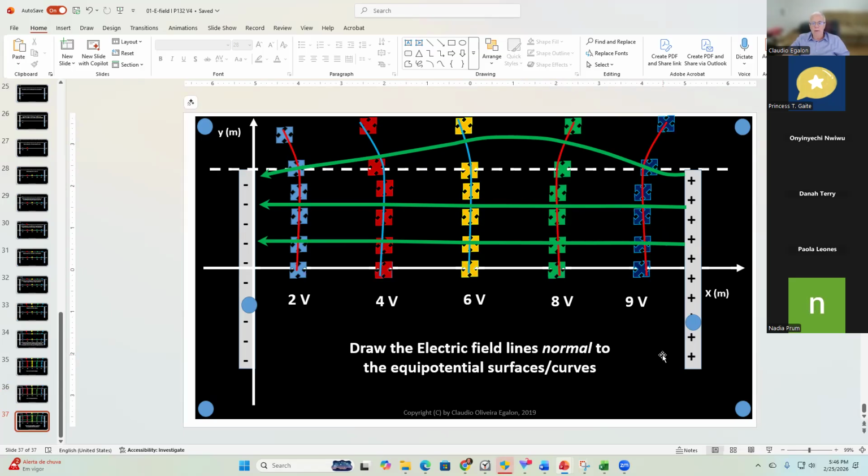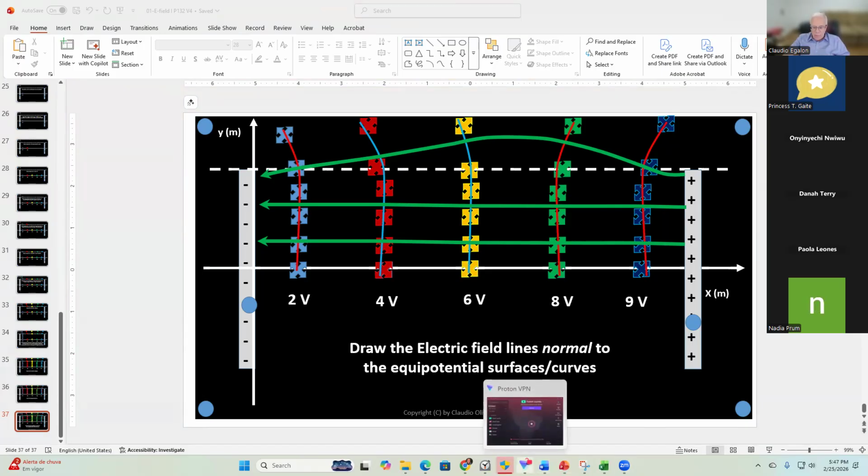That's how you find the direction of the electric field lines, from the configuration of the equipotentials. The electric field lines are always, I don't say perpendicular, I say normal to the equipotential surfaces. In this case, it's the equipotential lines.